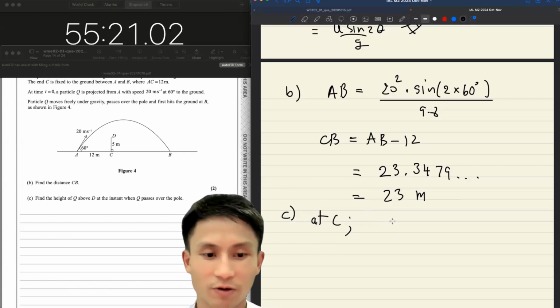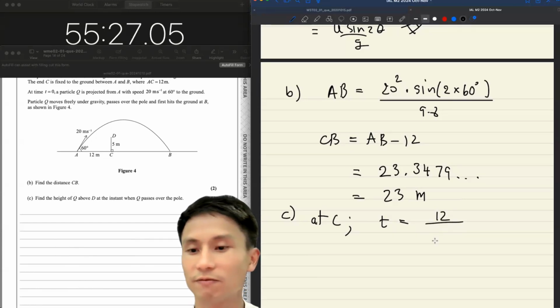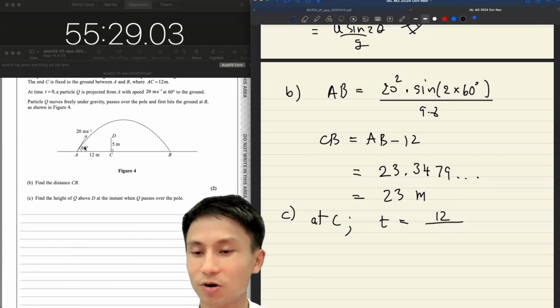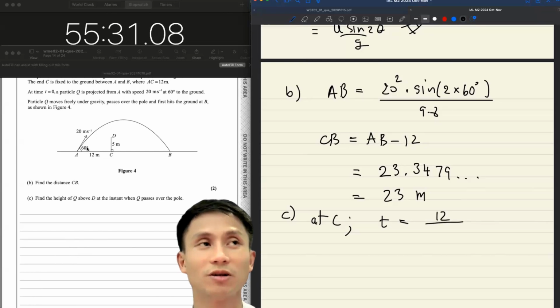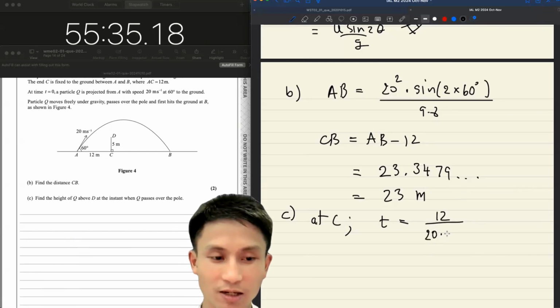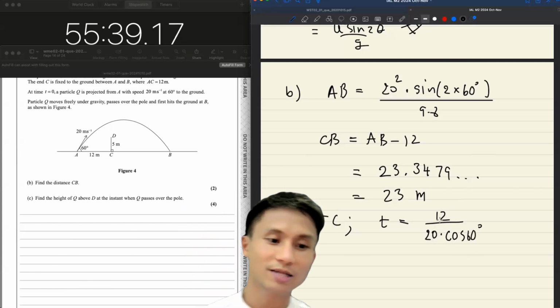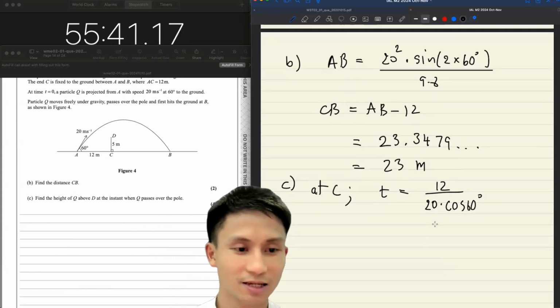We're going to find that. So time is equal to distance over speed, and the horizontal component of velocity would be 20 cos 60 degrees, right? That will be the time that has passed at C.